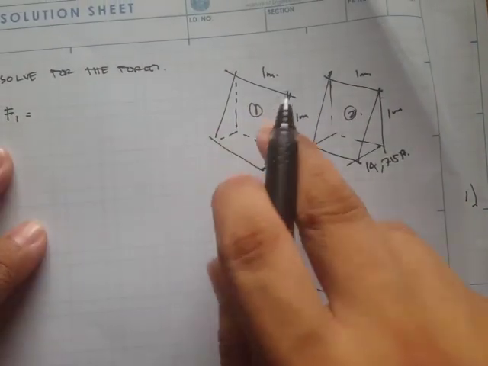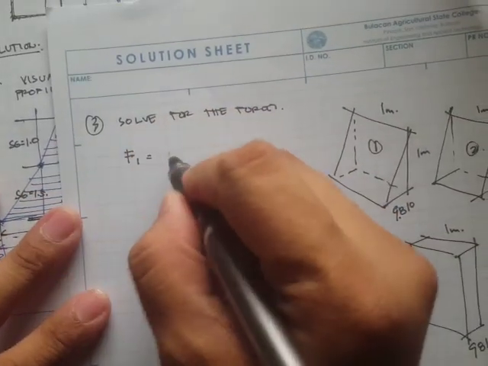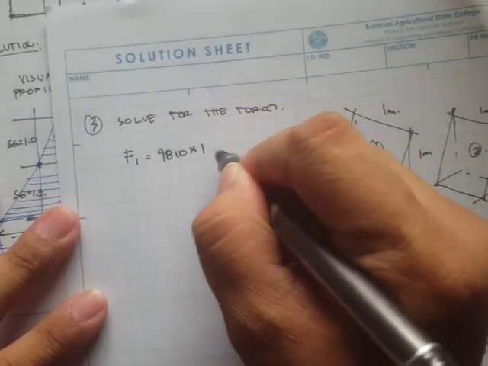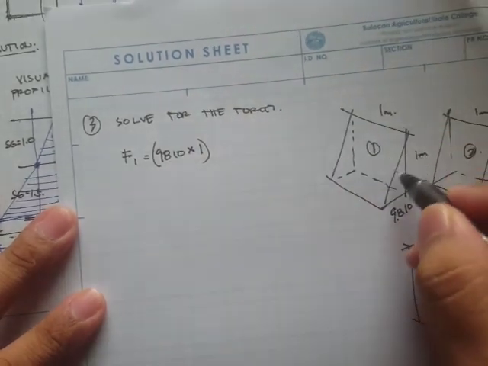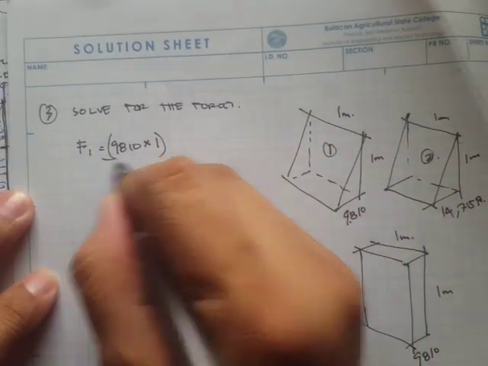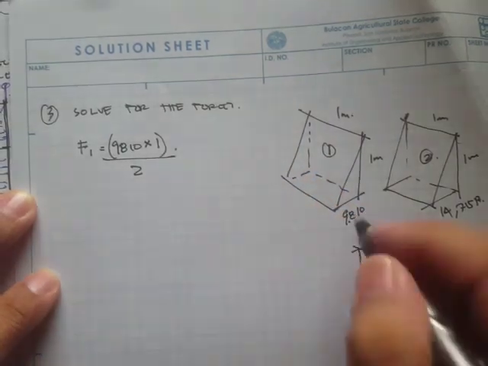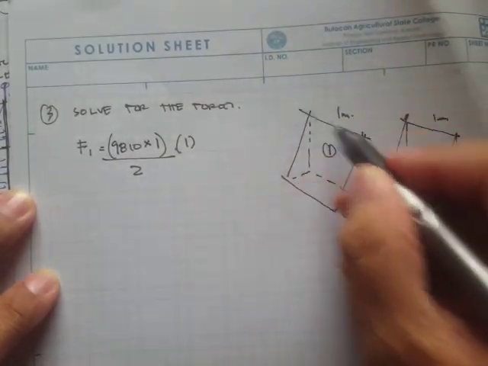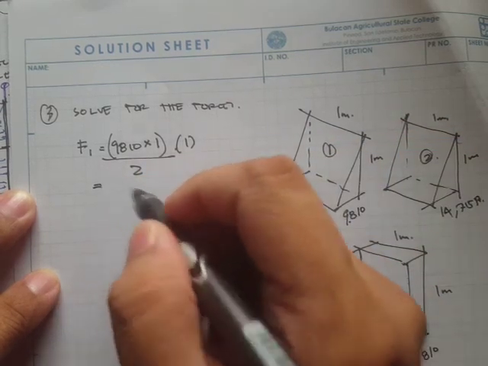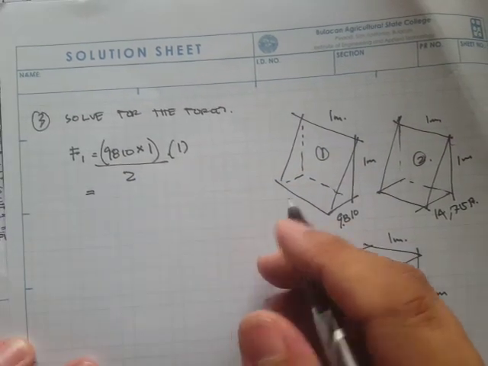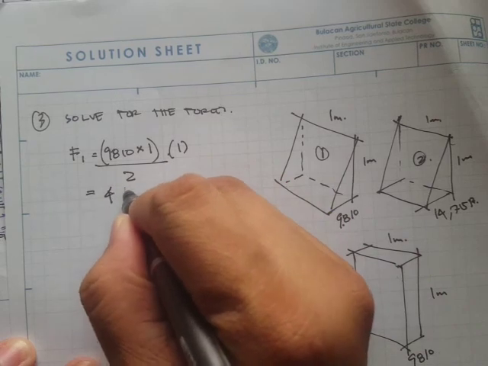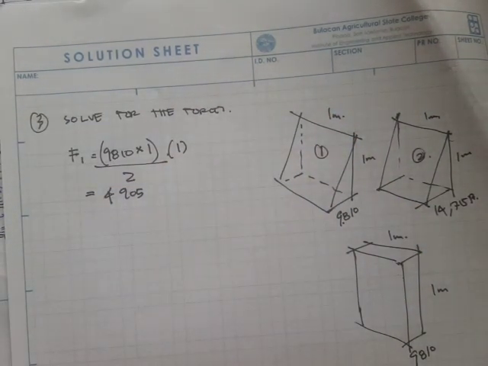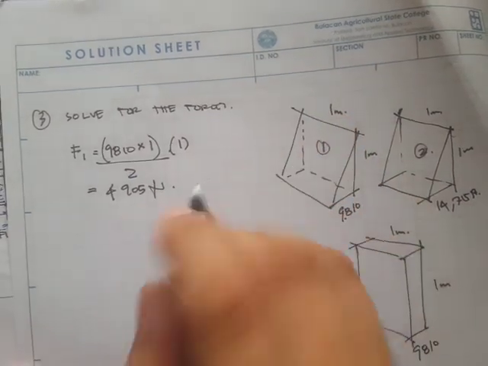Okay, so for prism number 1, we have 9,810 times 1 meter, right? The area of the triangle divided by 2 times this length. Okay, so we have 4,905 Newton.